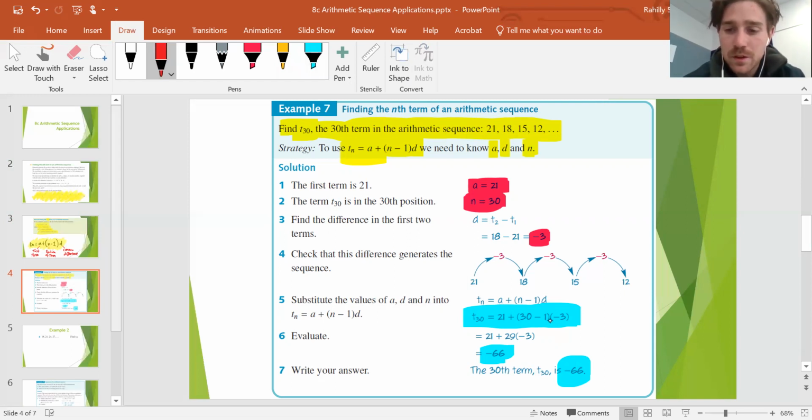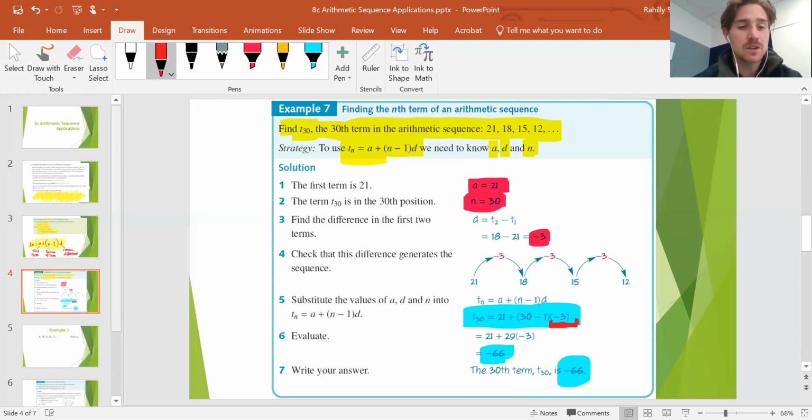If our common difference is a negative like it is here, you need to make sure you put it in brackets and press the actual negative button, not the subtraction button, when you're putting it in. It needs to be negative. So in that instance, it'd be -3, not take away 3, because it makes a difference whether we're taking away 3 or actually multiplying by -3, which is what we need to be doing.